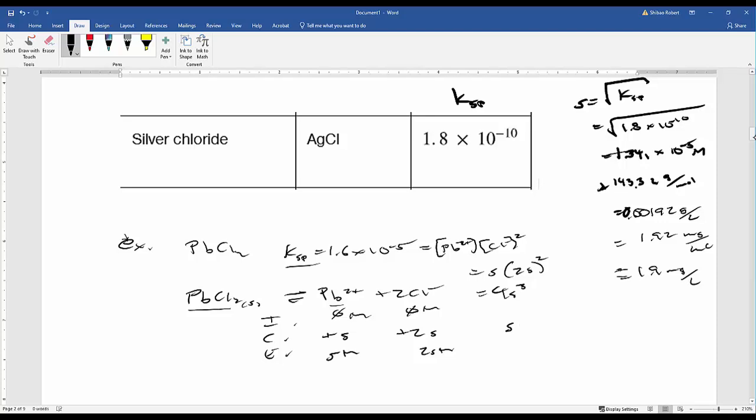In this case, the solubility is going to equal the KSP divided by 4, and we'll take the cube root of that, to the 1/3. And so we'll just plug in our KSP value here, which was 1.6 times 10 to the minus 5. So 1.6 times 10 to the minus 5 divided by 4 equals, and then I'll take the cube root of that.